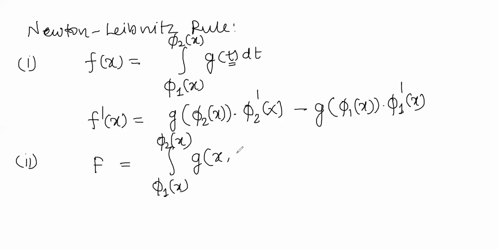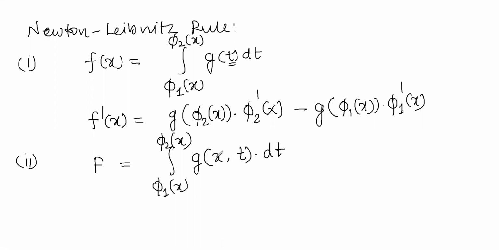In that case, I have to find F dash x. Here g is a function of x and t both. Sorry, this is t. When I have a function of this kind, what am I going to do?